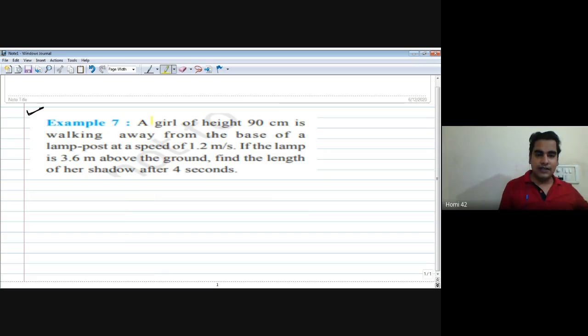It says that a girl of height 90 centimeter is walking away from the base of a lamppost. Let us assume that this is the lamppost.